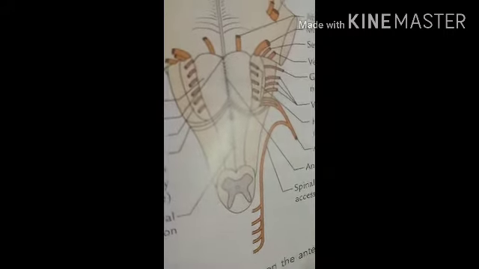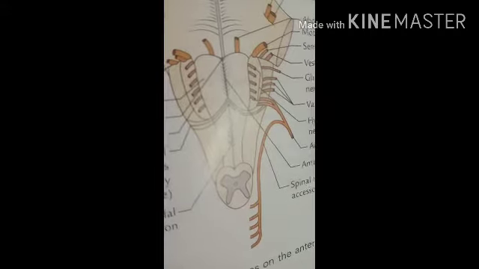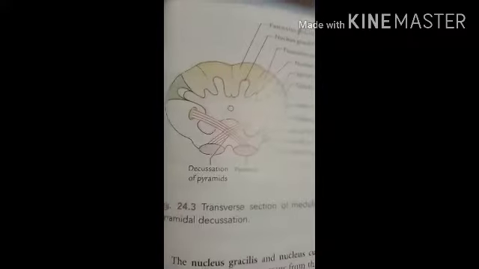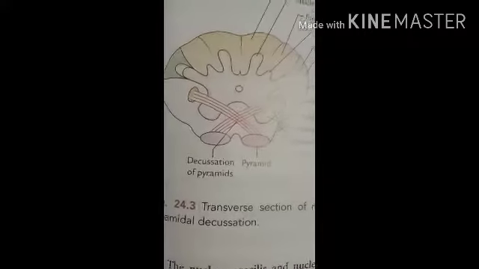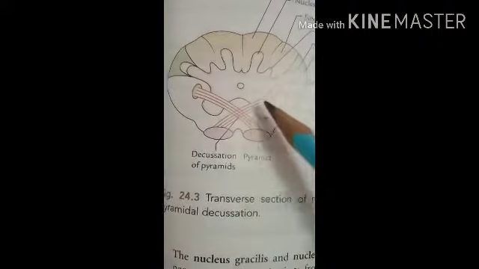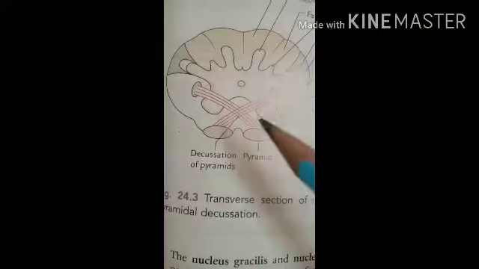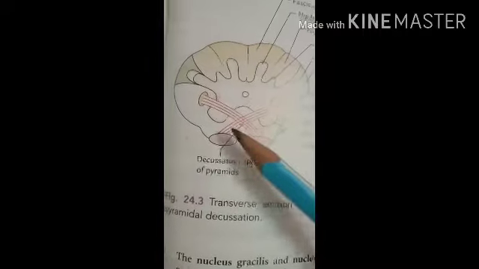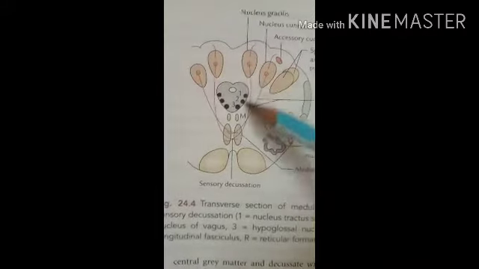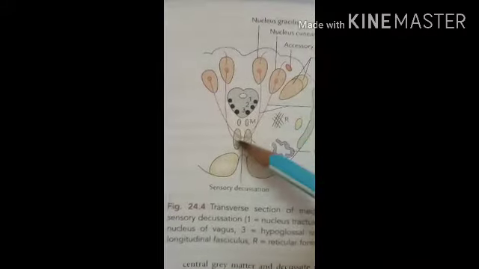First is the TS at the decussation of the pyramids, where you can see this structure, the pyramidal decussation. Second is at the level of the sensory decussation, where you can see the sensory decussation and the different structures.